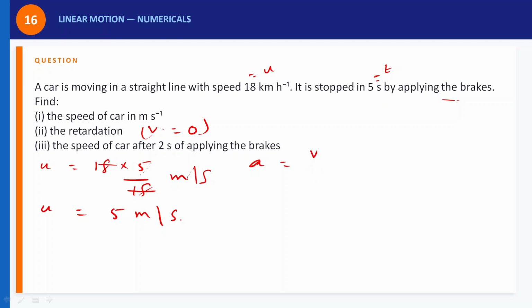Acceleration a equals v minus u by t, so a equals 0 minus 5 by 5. So a equals minus 1, the retardation is 1 meter per second square.